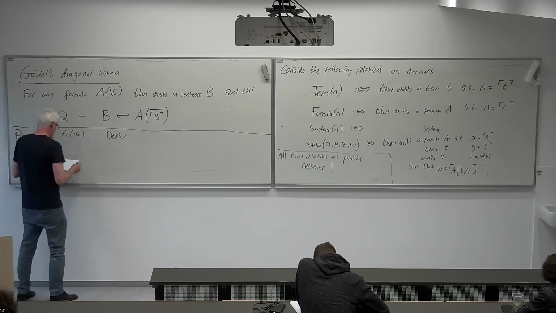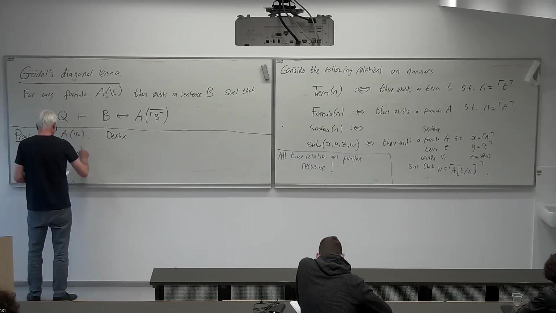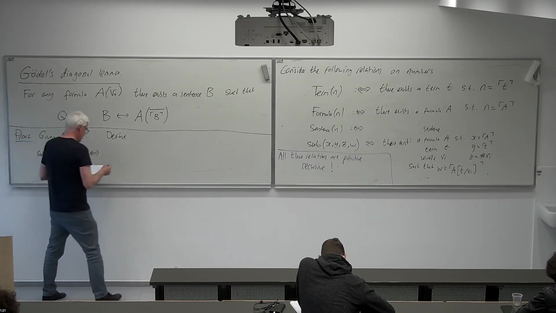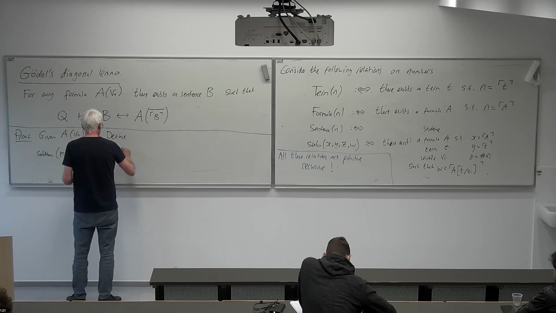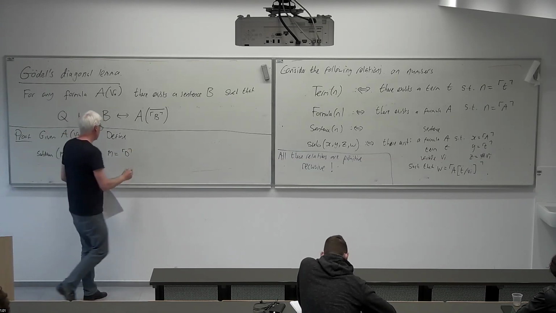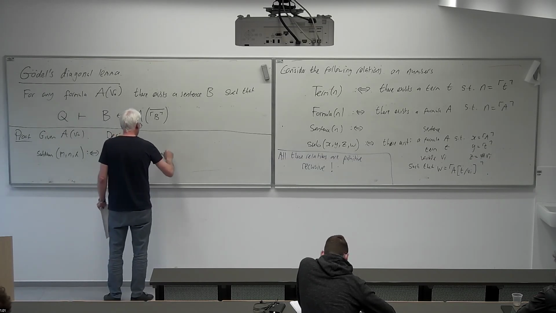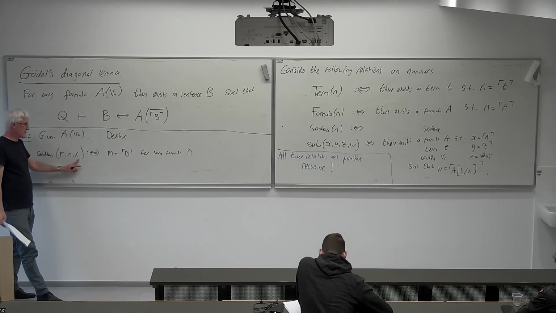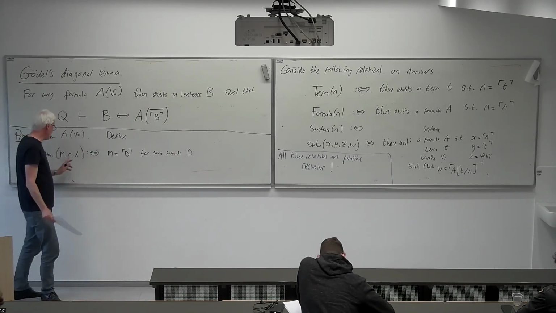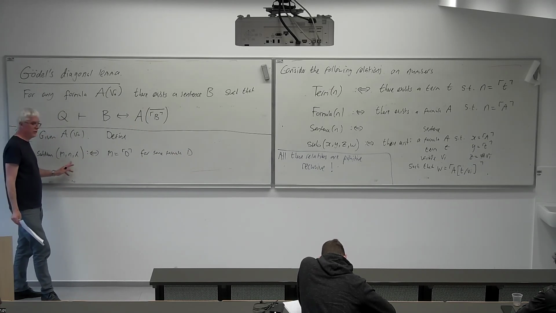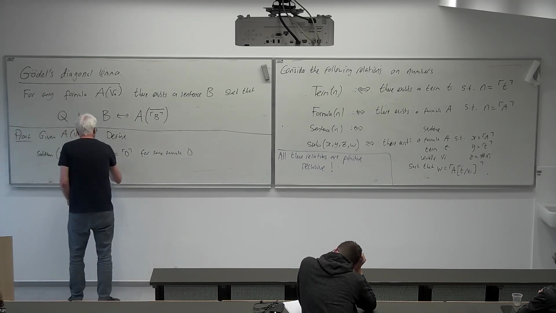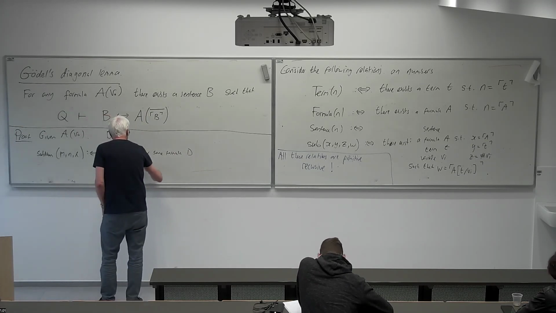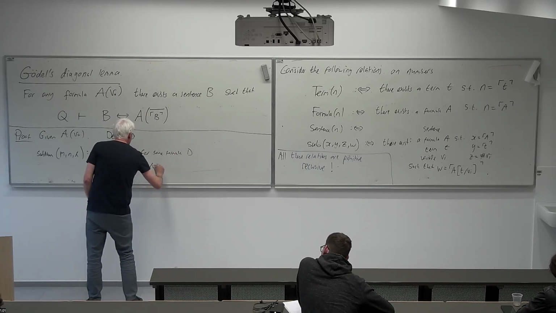So this takes three arguments, M, N, and L, and it's defined to hold if and only if M equals the code of some formula D, and in which case L is required to be the code for D with the numeral for N substituted for the variable v0.